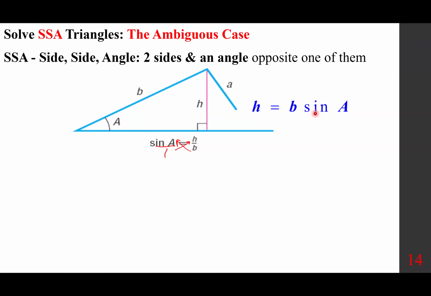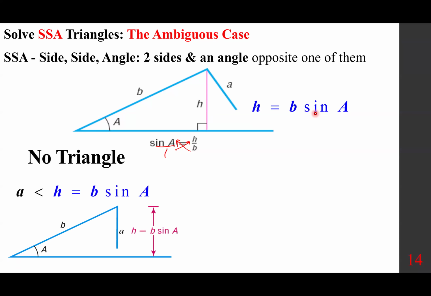What happens? Well, if a is less than H, if a is smaller than H, clearly we don't have any triangle. It doesn't work. So if a is less than H, which is equal to b sine A, it does not work, everybody.